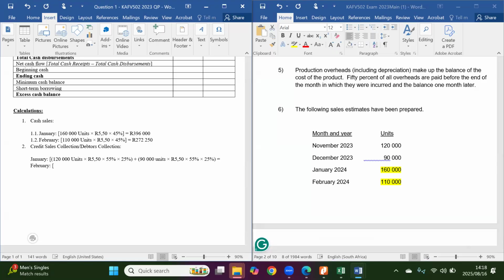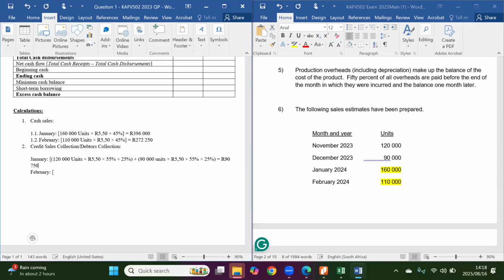Making sense? Okay. So it's 120,000 units times 5 rands 50 times 55% times 25%. How much do you get, my sister? 90,750. Yes, I got 90,750, right?